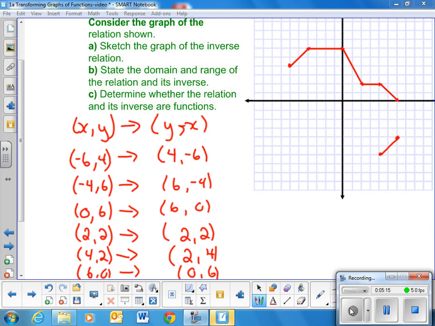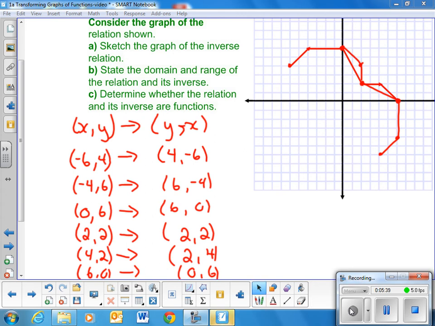Then we have (6, 0). This point is the reflection of this one on our graph. (2, 2), (2, 4), and (0, 6).